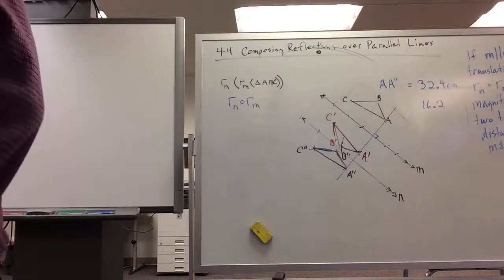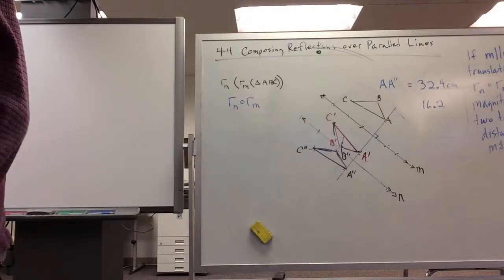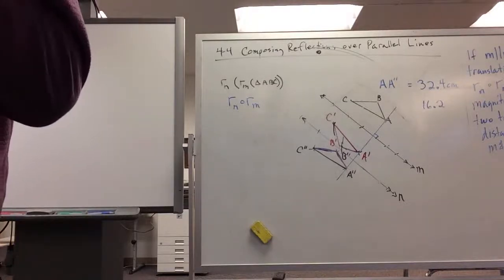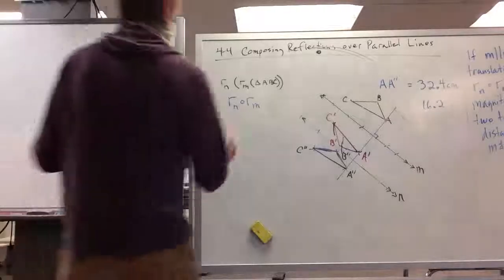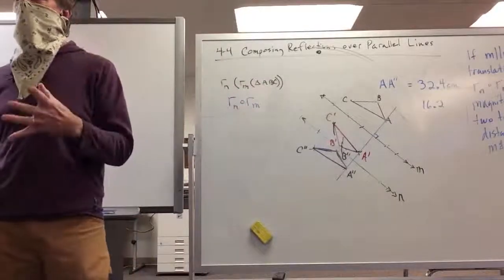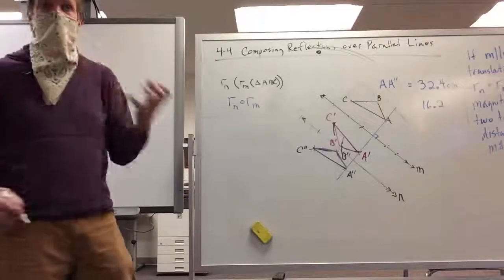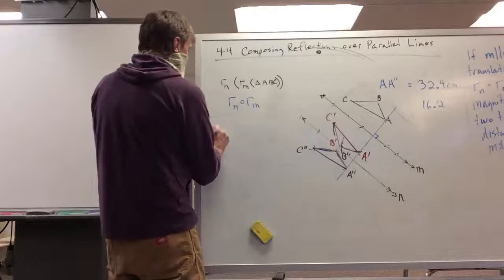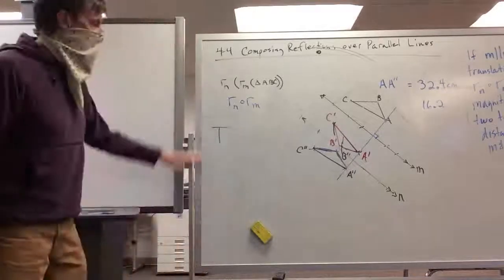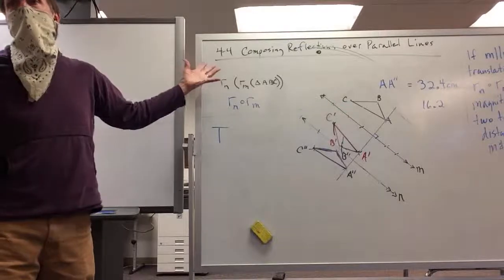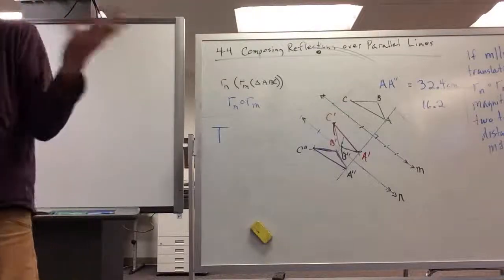All right, another way. Sometimes what they'll do is they'll give one of these reflections or these functions, these things that are happening, a capital letter. Like the book uses T and S. So T might be defined as the reflection over line n. It could be defined as all kinds of different things.